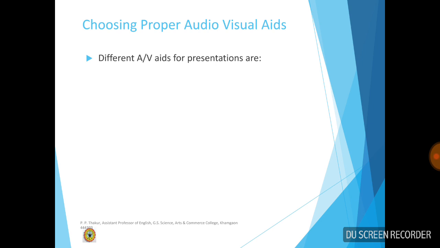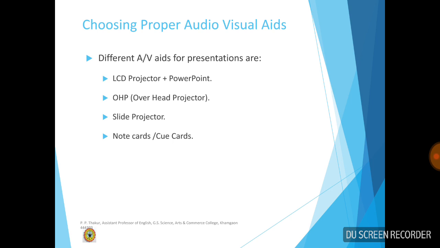There are different audio-visual aids or tools for effective presentation, and they are LCD projector and PowerPoint, an overhead projector, a slide projector, note cards or cue cards, flip charts or blackboards or whiteboards, interactive whiteboards, and visualizers.